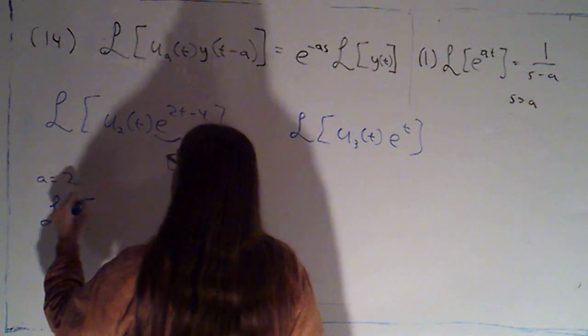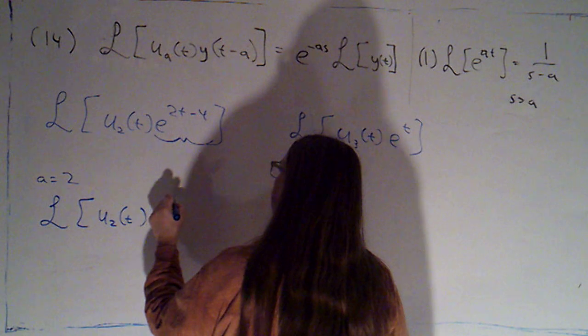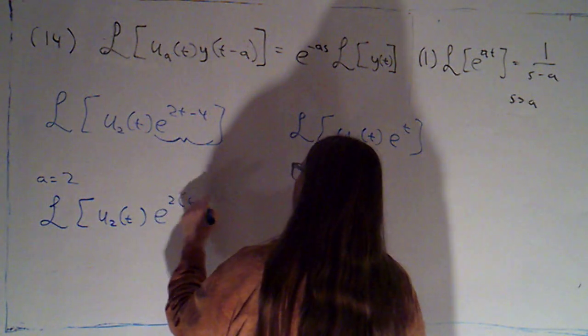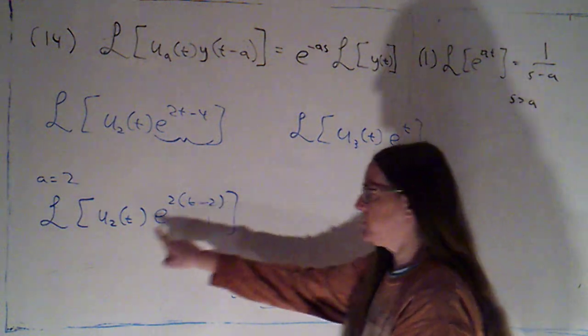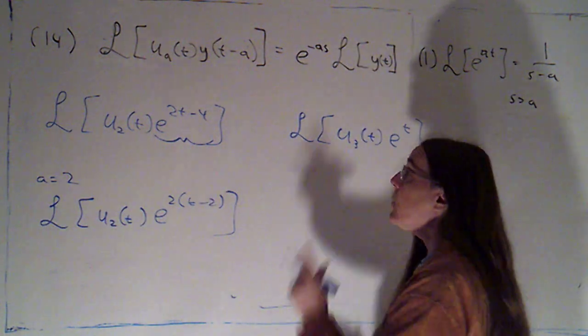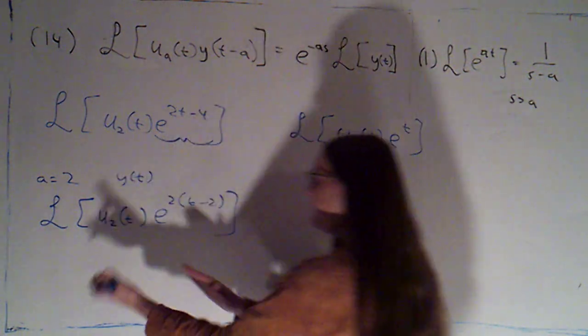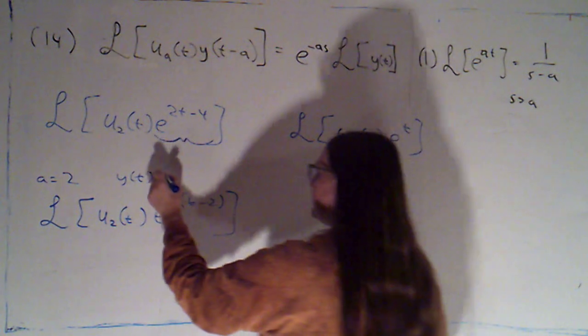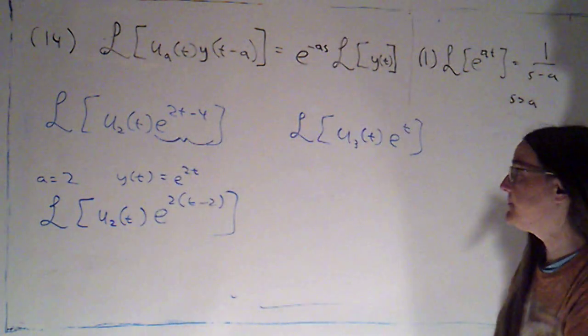So I can rewrite this as the Laplace transform of mu sub 2 of t e to the 2 times t minus 2. Now I've got t minus 2 and 2 here. That's looking good. What that tells me then is that my y of t, the function that I've translated, is e to the 2t.